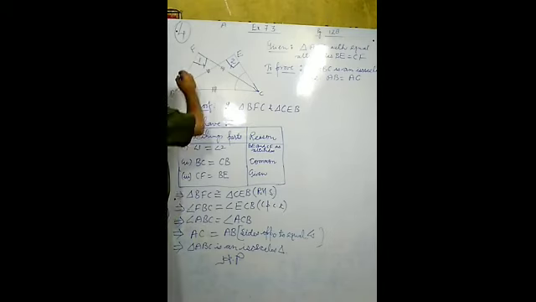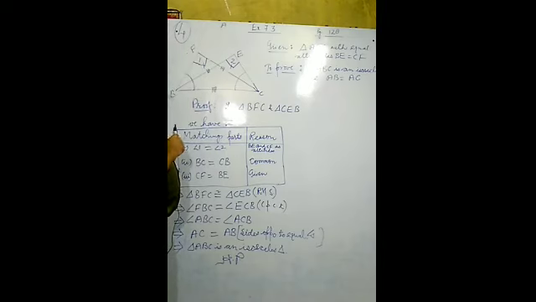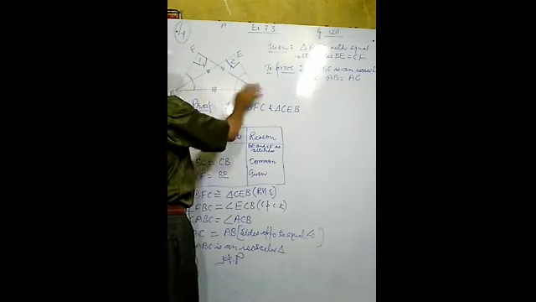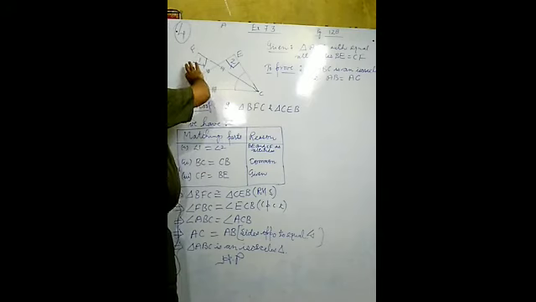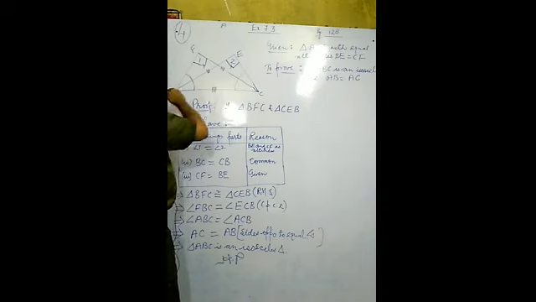What is the name of this angle? The angle of this name is FBC, equal to, what is the name of this one? ECB. That means this complete angle of this triangle equals this complete angle of this triangle.